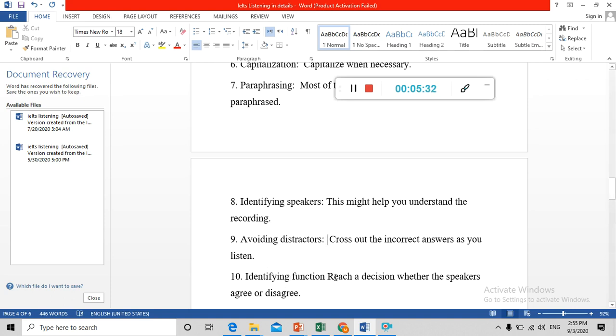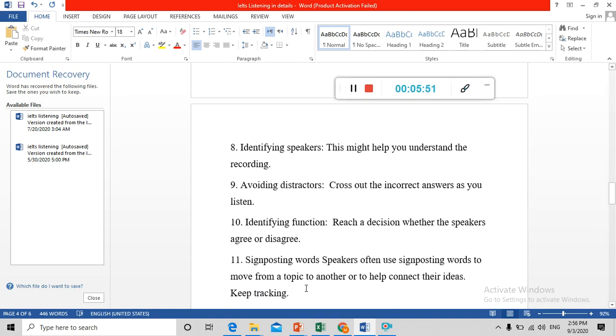Identifying function, which means reach a decision whether the speakers agree or disagree, because sometimes one of the speakers gives suggestions but the other speaker refuses or disagrees about this suggestion. Signposting words.